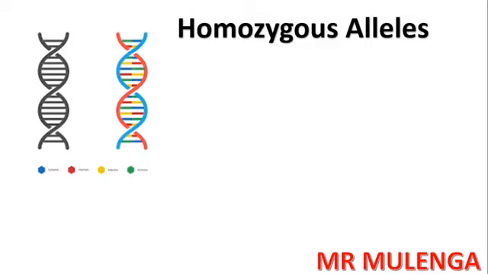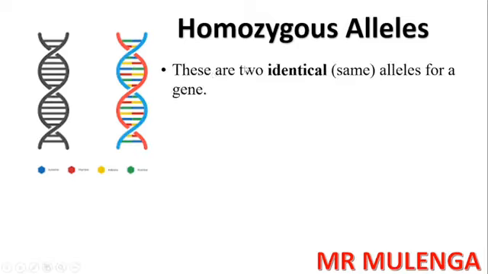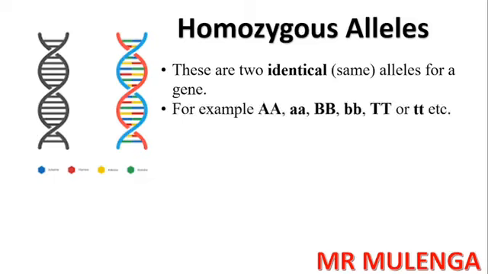So what is a homozygous allele? The word homo means same. So if you are looking at homozygous alleles, we are looking at two identical alleles for a gene. Examples of homozygous alleles: remember we said we can use letters to represent alleles.